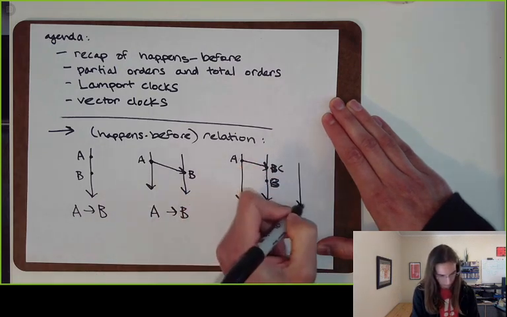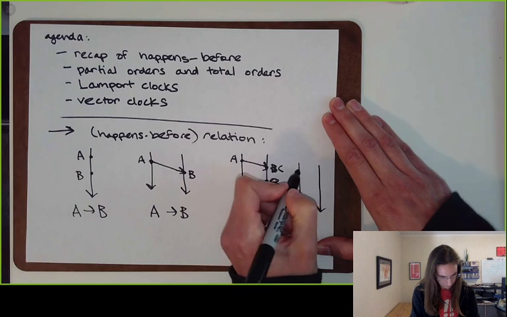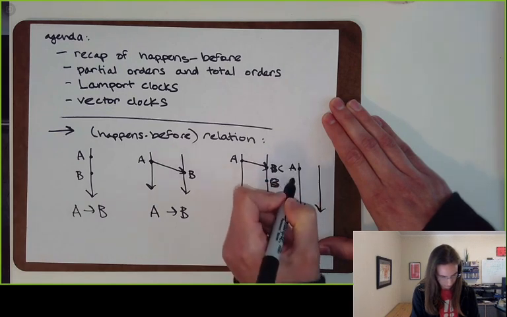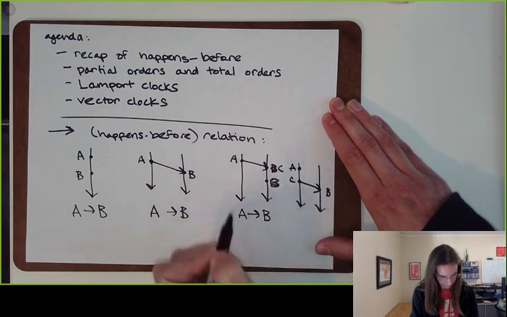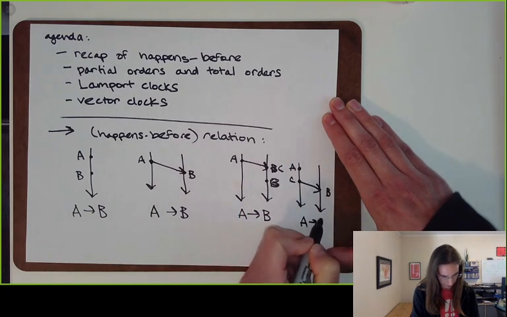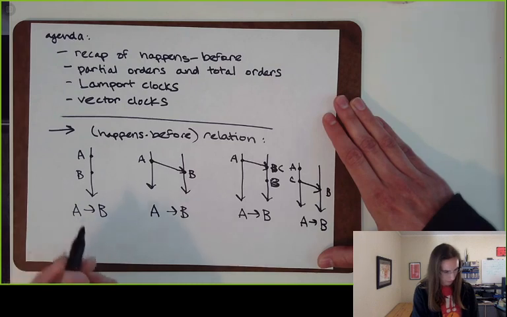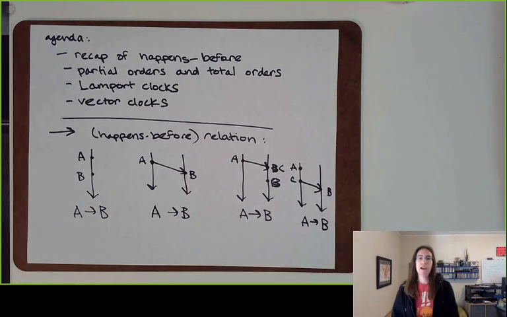Or maybe it would look like this. Here again, A happens before B. So those are the pieces of the happens before relation, and you can put them together. If you've got a bunch of events, you can use this definition to figure out what happened before what. Or at least you could if you had an efficient way to compute what's in the happens before relation. So we'll talk about that today.